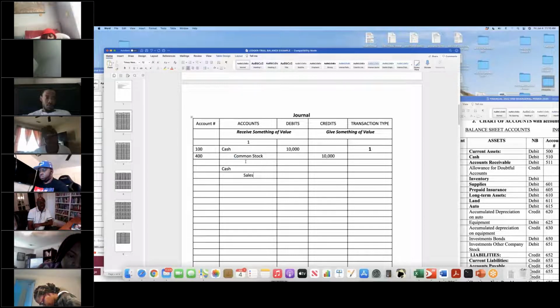This is, of course, transaction 2 here. Our type is 2. Our accounts are what? 100 and 500. Now, the dollar amount was what? 50,000.